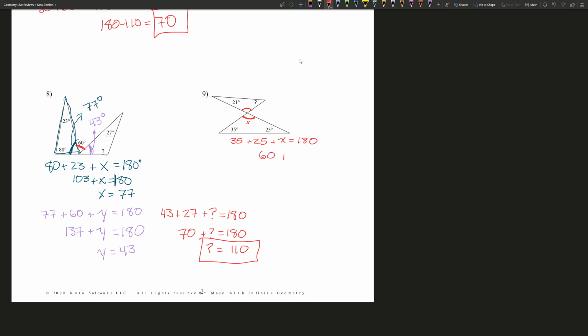So 60 plus x is equal to 180. X is equal to 120. So both of those angles are equal to 120, and then we have to solve for the unknown. So then 21 plus 120 plus our unknown is equal to 180.